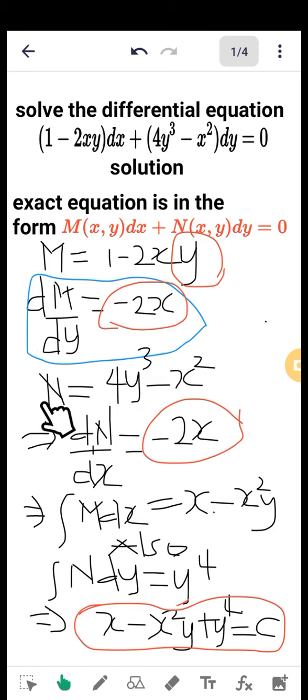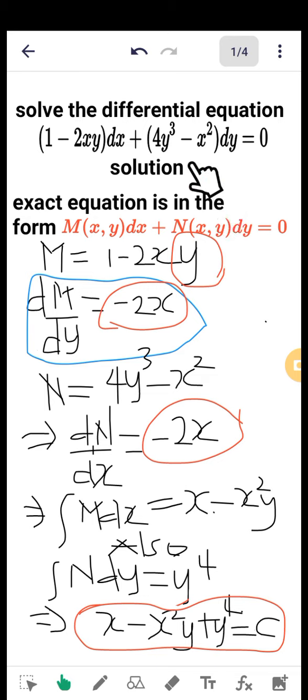Also, for the N part, we are differentiating N with respect to x. So please don't be confused, we are dealing with only the x part.